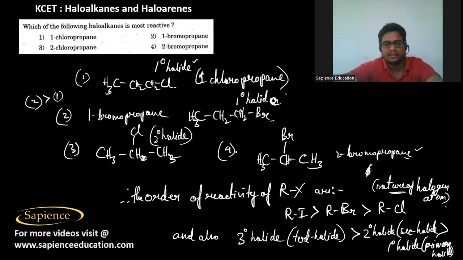And the fourth one is a 2-degree alkyl halide, and here bromine is attached, so it is more reactive than the 2-degree halide with chlorine. So the fourth one is the most reactive haloalkane. So option 4 is the correct answer.